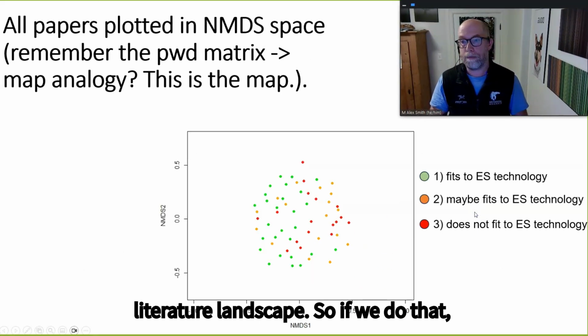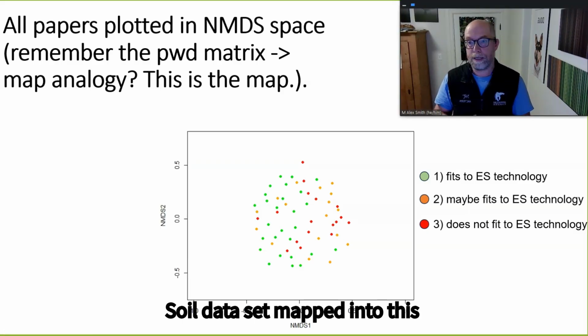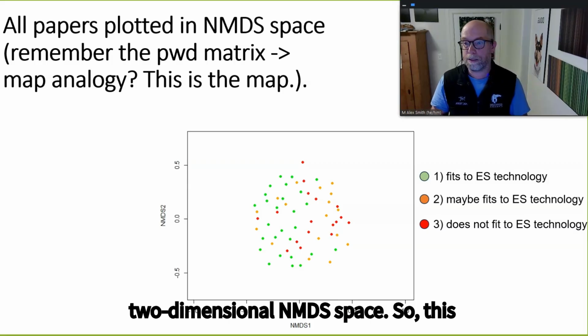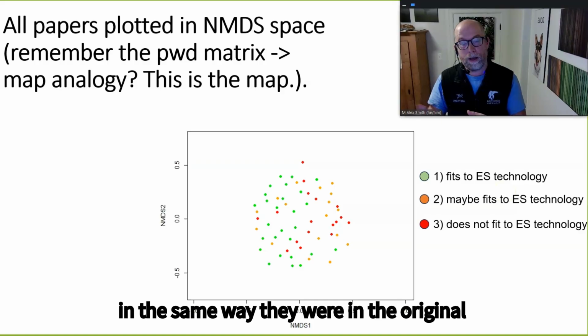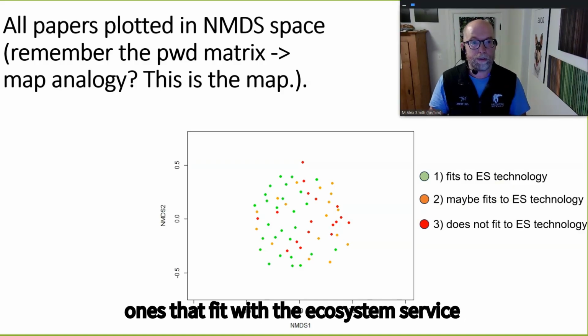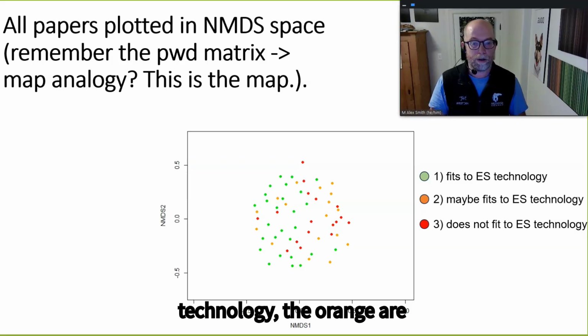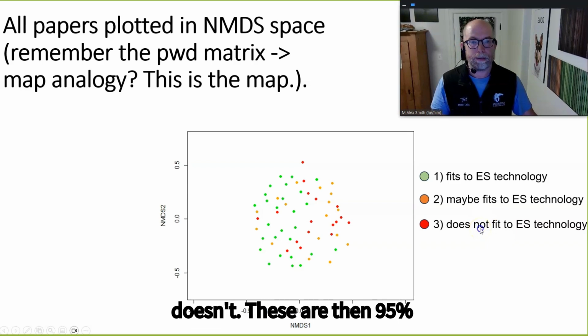If we do that, these are all the papers from Christina's soil data set mapped into this 2-dimensional NMDS space. So this is the map, and they're color coded in the same way as in the original Excel file, where the green dots are the ones that fit with the ecosystem service technology, the orange are the maybes, and the red are the probably doesn't.